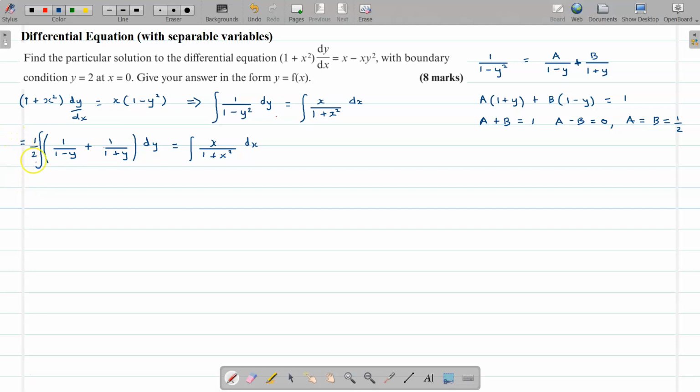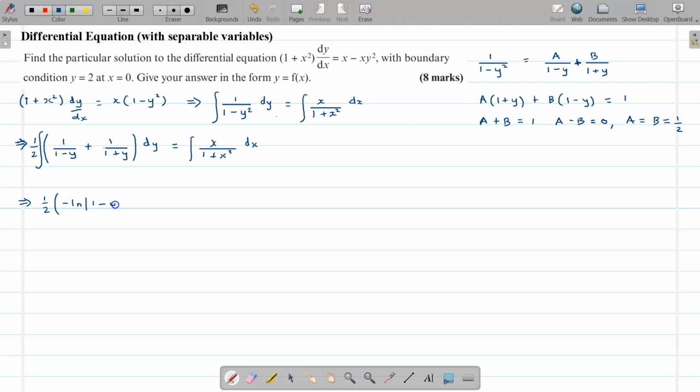That implies the next step would be a half of the natural log of, the derivative of 1 minus y is minus 1, so it's going to be minus log of 1 minus y.